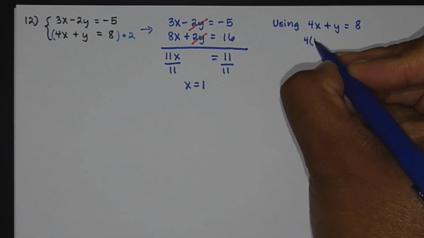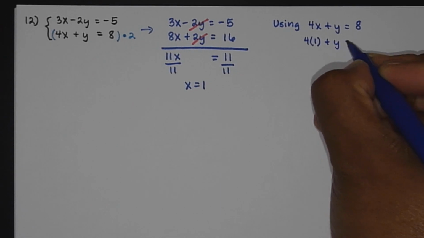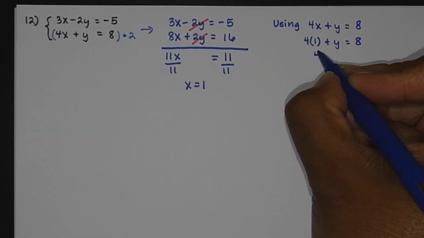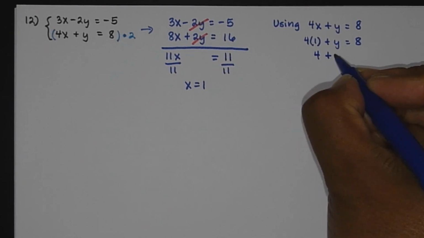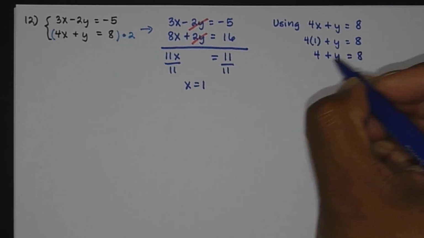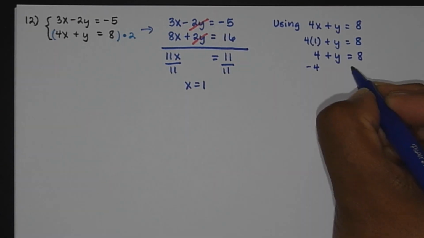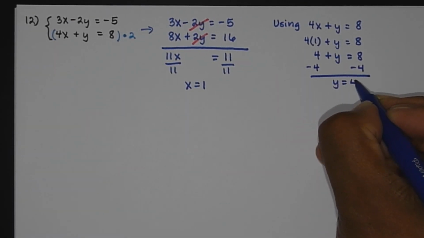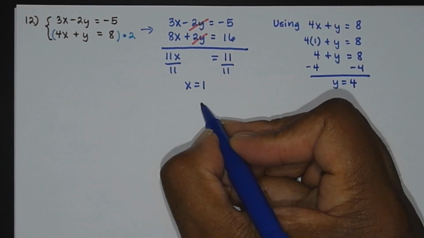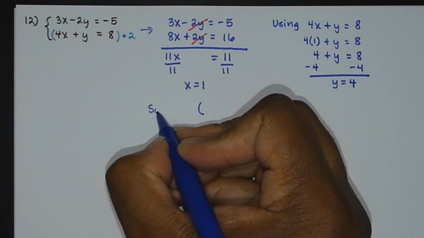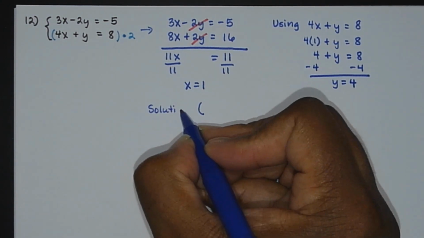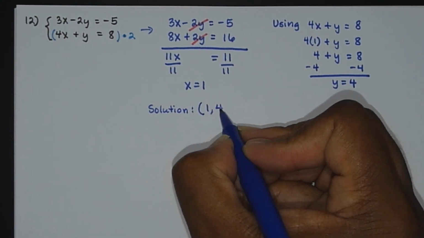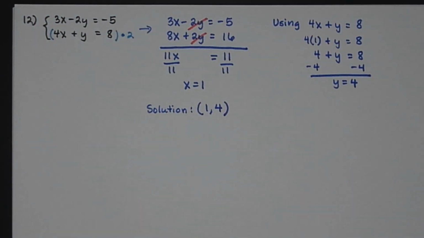So it'll be 4 times 1 plus y is equal to 8. And then 4 times 1 will be 4 plus y is equal to 8. And then subtract 4, y is equal to what? Is 4. So here, the solution to that system of equations will be the ordered pair 1, 4.